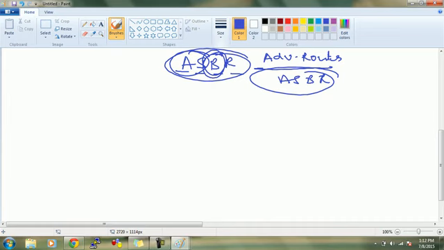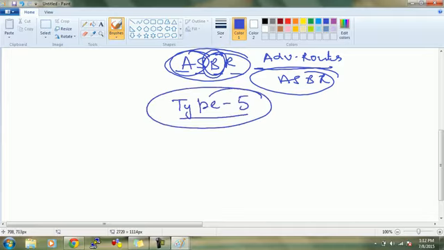This thing is clear? Now, these external LSAs are called Type 5 LSAs. For them, the advertising router is always the ASBR. This thing is fine?